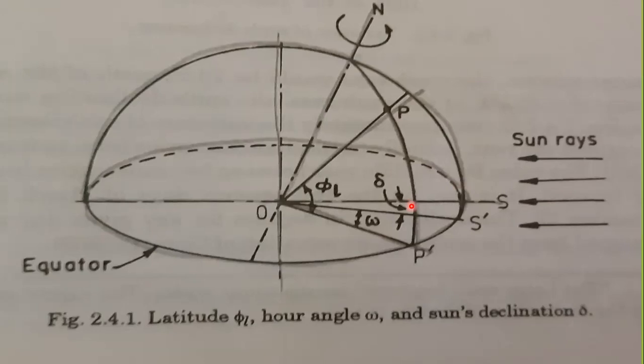And the next one, phi, is the latitude of the location.